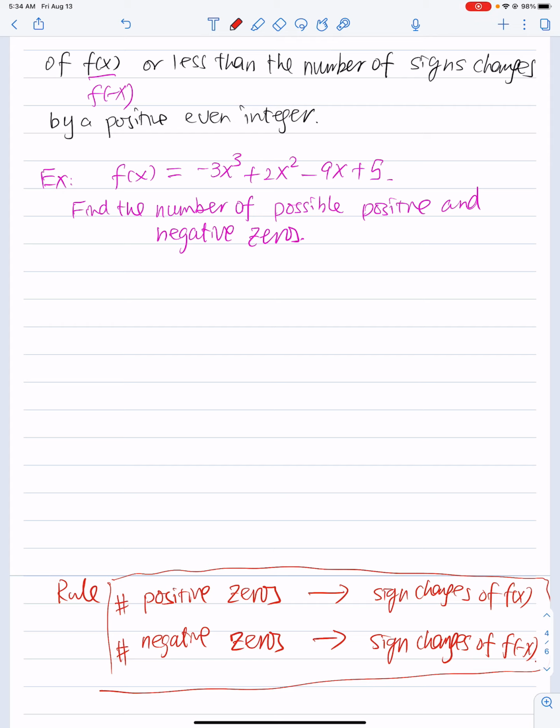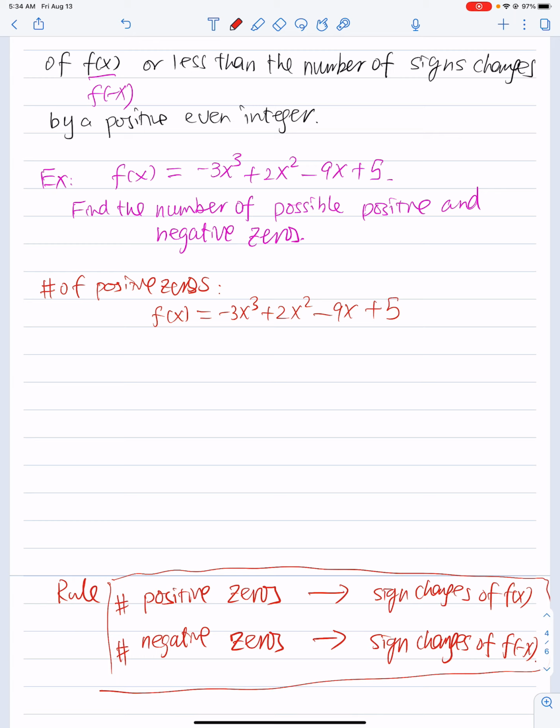In order to understand this easily, we want to look at an example. The possible number of positive zeros: f(x) equals negative 3x cubed plus 2x squared minus 9x plus 5.